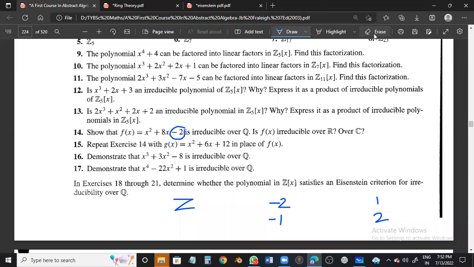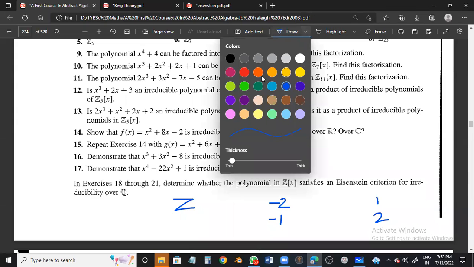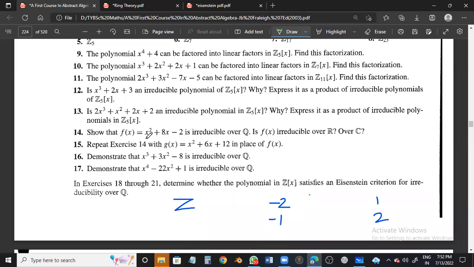Now you calculate the value of f of x for those. I hope you'll try. If I put -2, square is 4, -16. 4 minus 16 produces -12, minus 2 gives me -14. Am I correct?